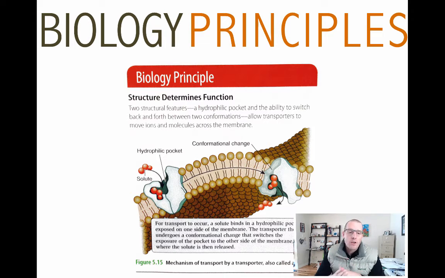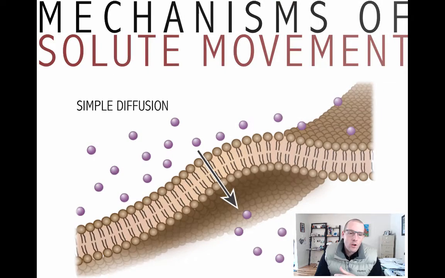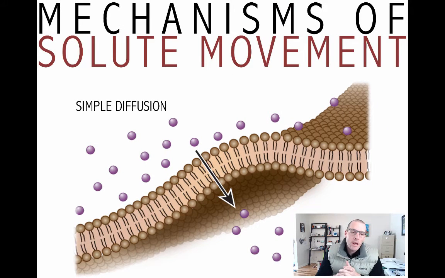My understanding of biology is arranged around probably 5 to 7 general principles, and this is one of them: structure determines function. So look for these principles every time we talk about a piece of content. The membrane structure and function topic is a classic example of how you can use a biological principle to help your understanding.